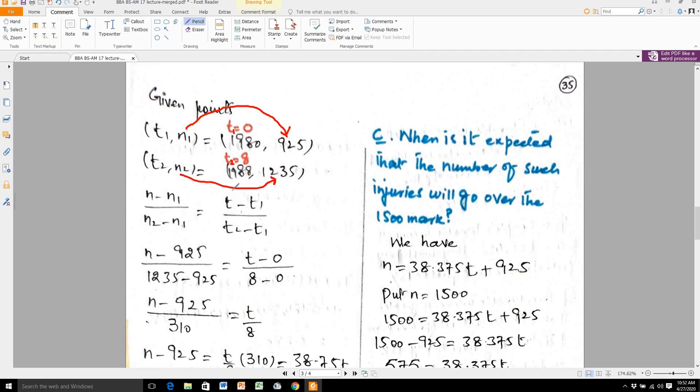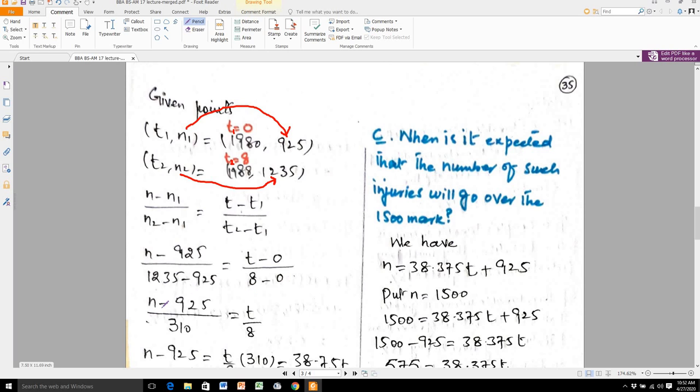We substitute their respective values at their places. We get n minus 925 over 1235 minus 925 is equal to t minus t1, where t1 is equal to 0, over t2, which is 8 minus 0.